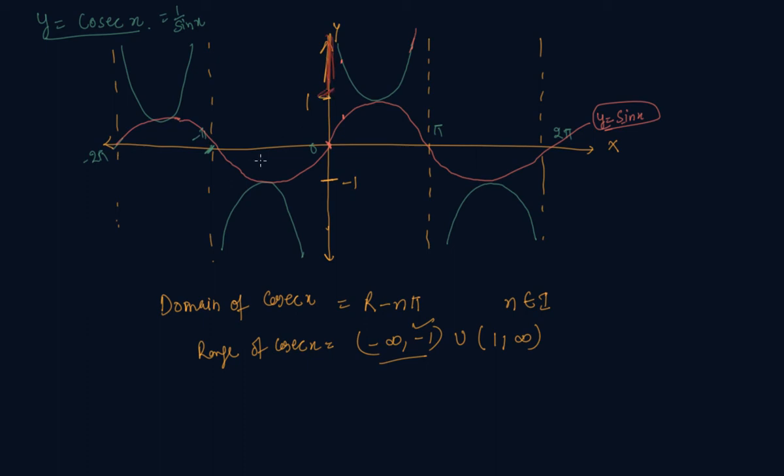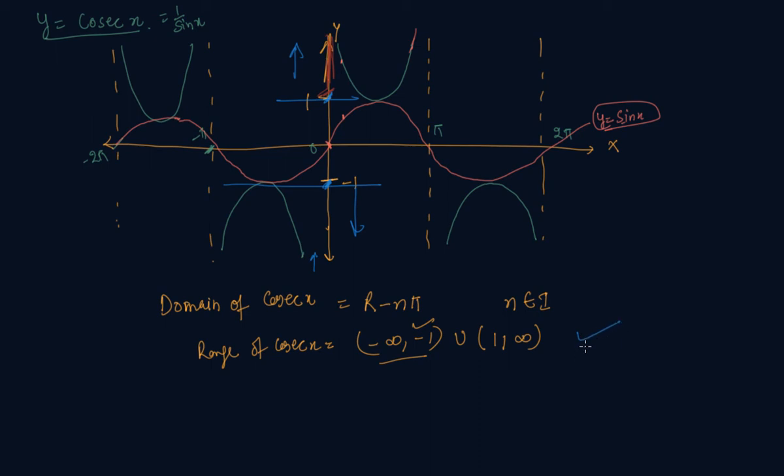So the graph will always be in these regions, below this or above this: below is minus infinity up to minus 1, then from 1 to infinity. So this is the range of the function y equal to cosecant of x.